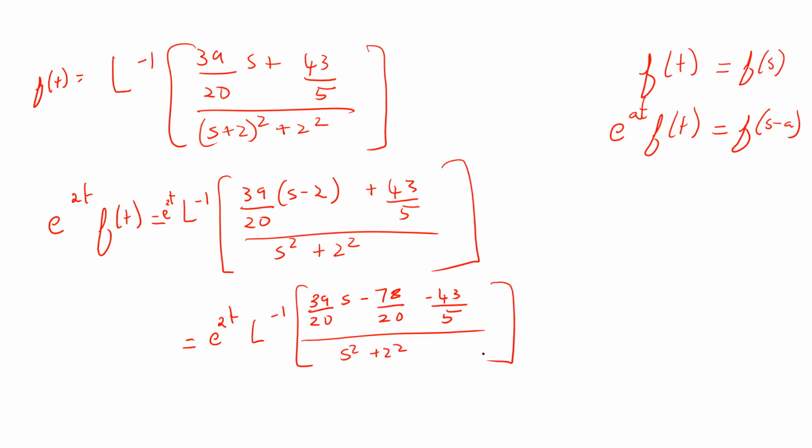So this numerator, after simplifying, becomes 39 by 20 s plus 47 by 10.